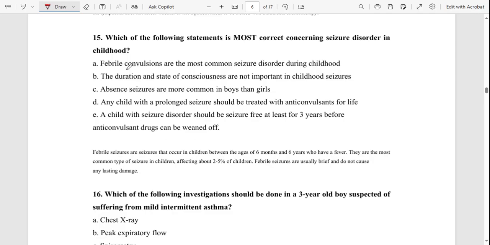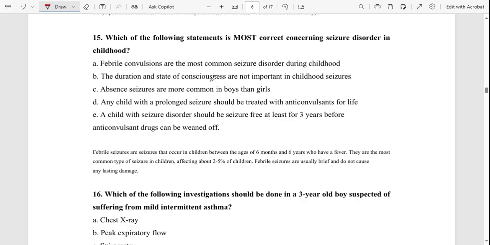So therefore, looking at our options, febrile convulsions are the most common seizure disorder in childhood. That statement is actually true. They are very common, because these children are more likely to have infections that are going to make them have these seizures.